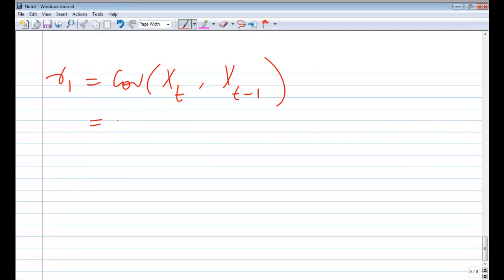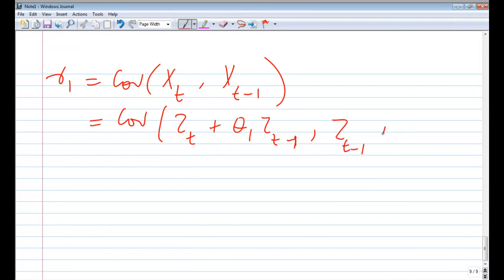Which is equivalent to the covariance of X_t, which is Z_t plus theta 1 Z_{t-1}, and X_{t-1}, where there is Z_t you put Z_{t-1}, and where there is Z_{t-1} you put Z_{t-2}.